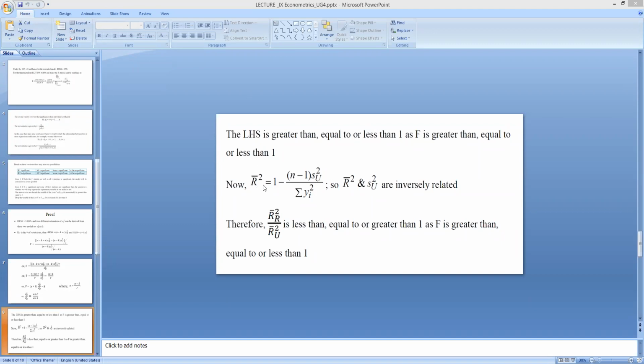RU bar square is equal to 1 minus n minus 1 into SU square, with capital U, everything I'm writing for the unrestricted model, divided by TSS.